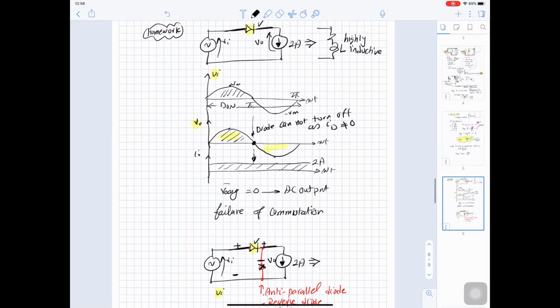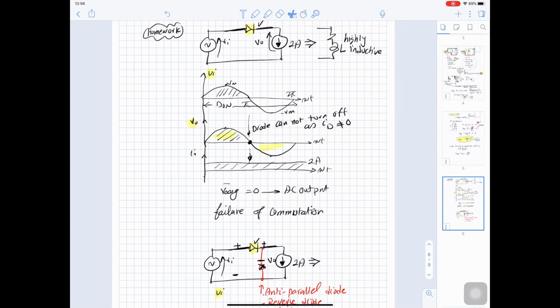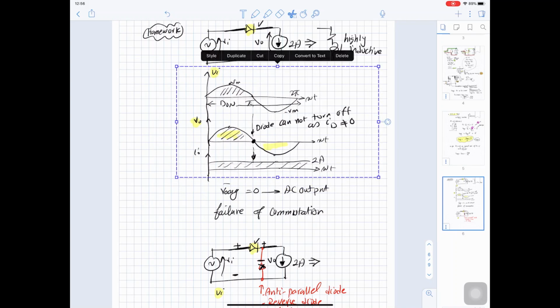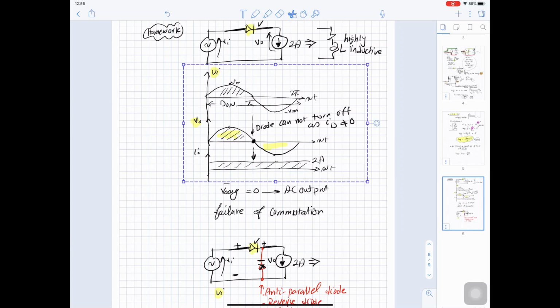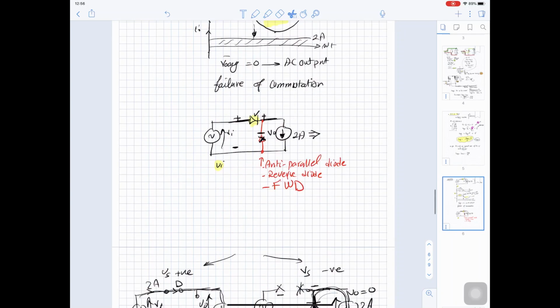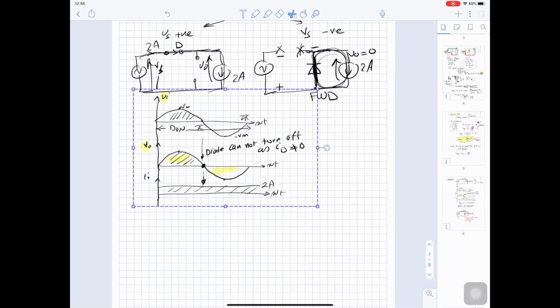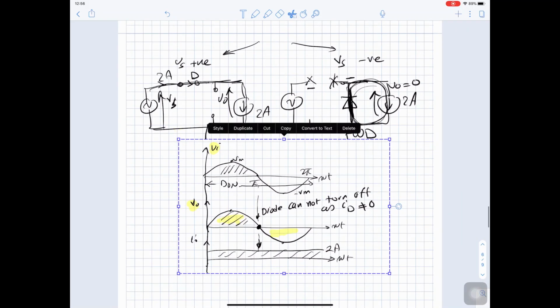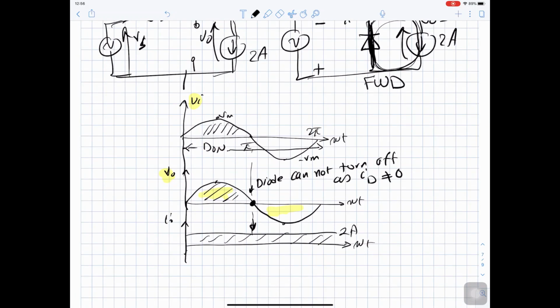So if you look at this graph here, when the supply voltage starts to reverse, the freewheeling diode will turn on, disconnecting the main diode.